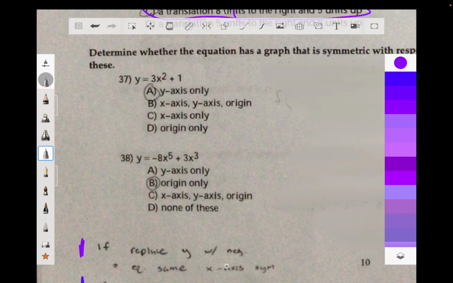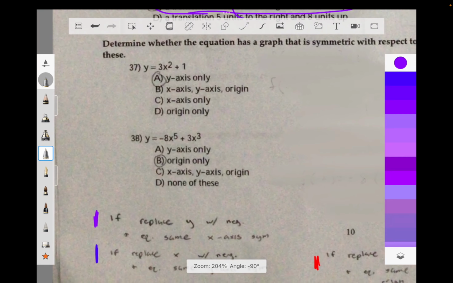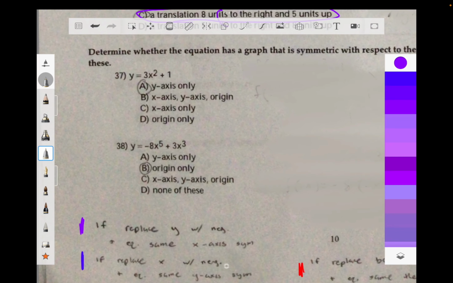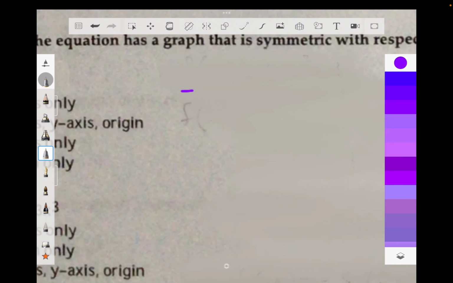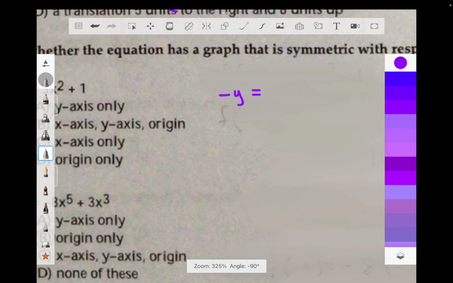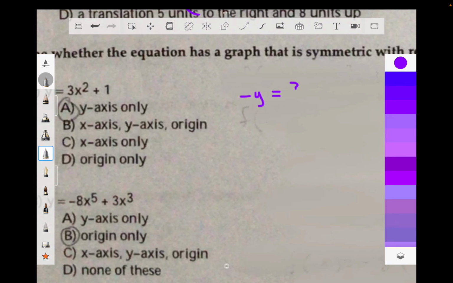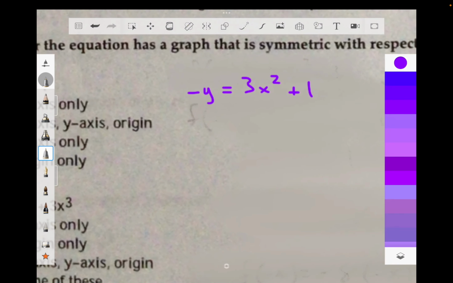Okay, so for x-axis symmetry, we're testing right now, we replace the y with the negative y. So there's going to be negative y equals 3x squared plus 1. Distribute the negatives. It's going to be y equals negative 3x squared minus 1.